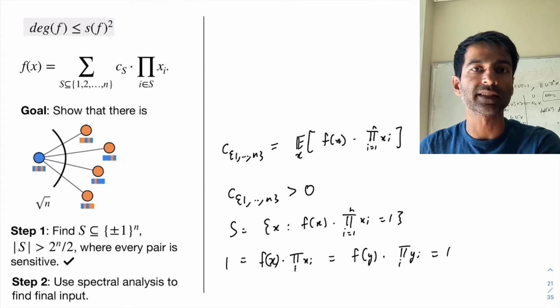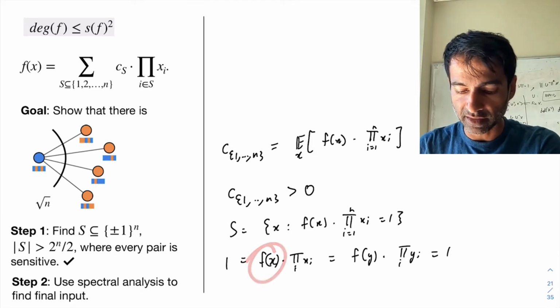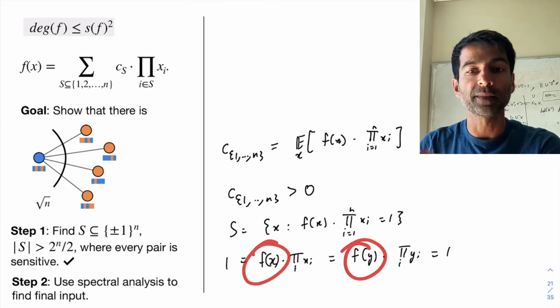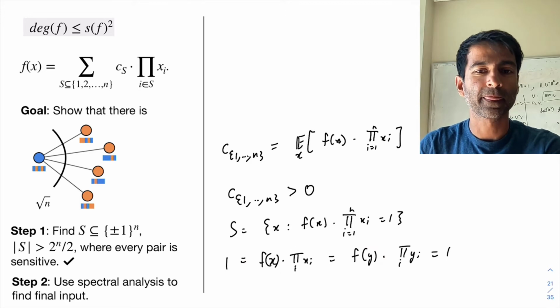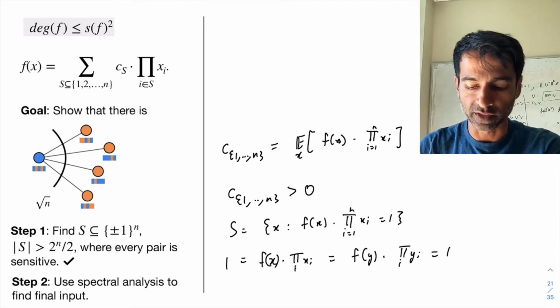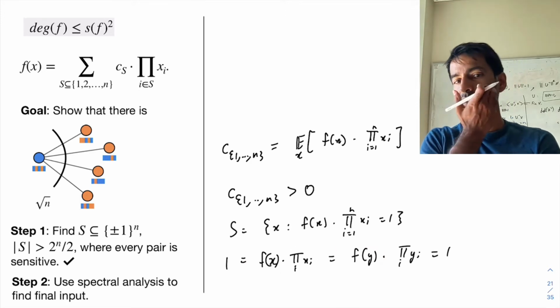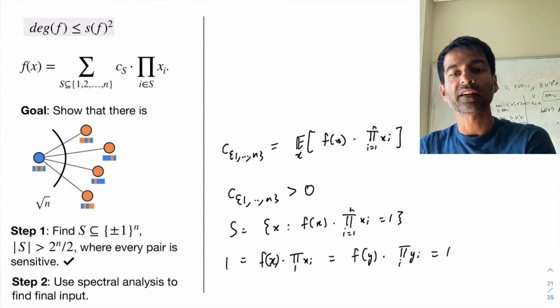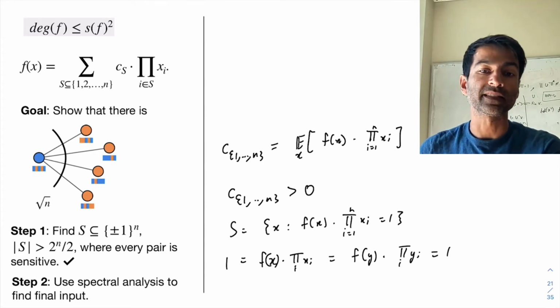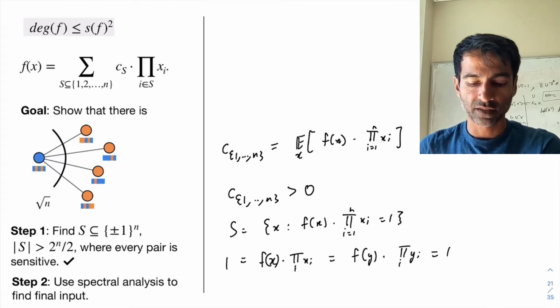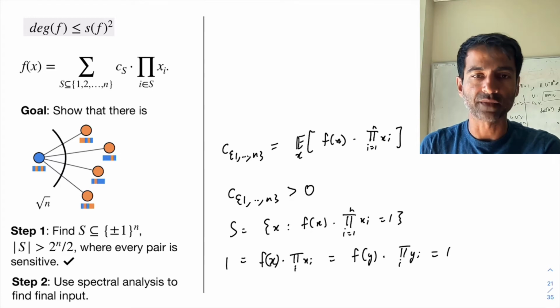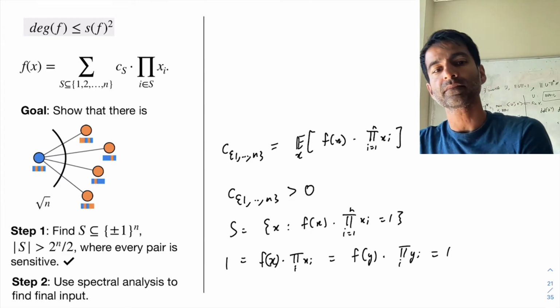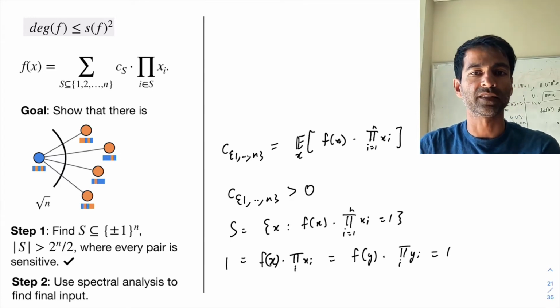They must have opposite signs, because x and y are adjacent. But that means that f of x and f of y must have opposite signs for this equality to hold. So this shows that every pair x and y that are adjacent must be sensitive, taking opposite values for f, if x and y both come from the set S. So this establishes step 1.